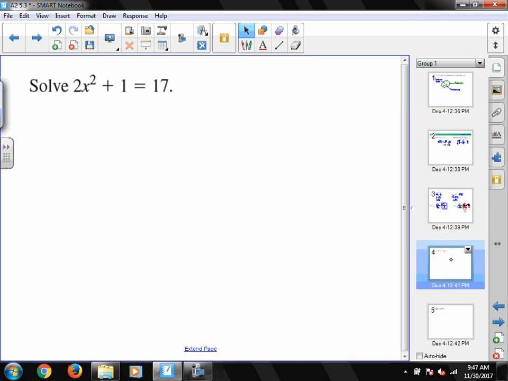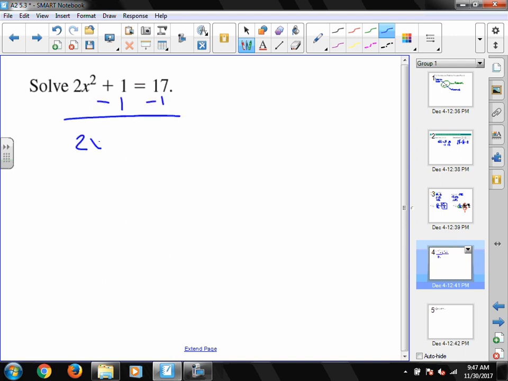So what are we going to do? How are we going to solve problems like this today? Well, if I've got 2x squared plus 1, this is going to start very much like your typical algebra problem where you're trying to get x on one side by itself. So I've got 2x squared. I'm going to subtract 1. Subtract 1.